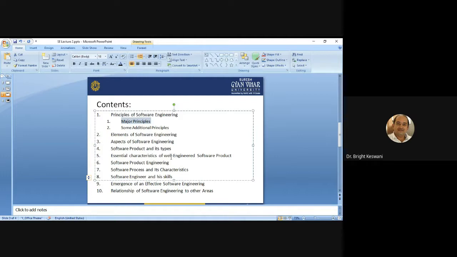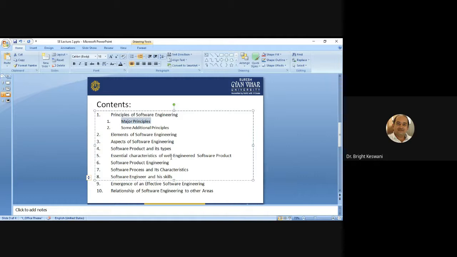Then use an appropriate process model. There are so many models for development of software, like the V model, RAD model, spiral model, iterative enhancement model, and waterfall model. There are several models available, but you have to use an appropriate process model; that is the sixth principle. Seventh principle, use different languages for different phases. Eighth principle, minimize intellectual distance.